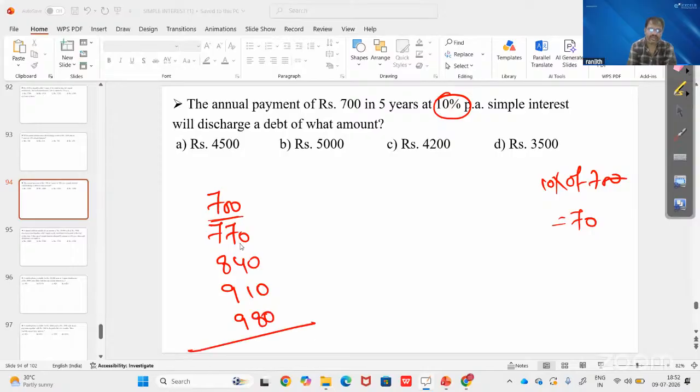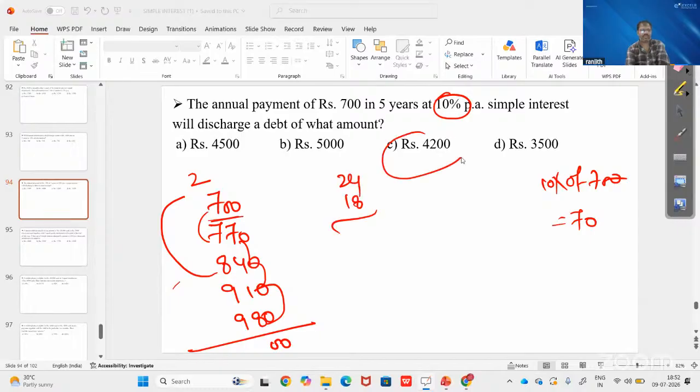If I add all the values, 7 plus 4 equals 11, 11 plus 1 equals 12, 12 plus 8 equals 20. So the answer ends with double zero. All the options end with double zero. So 8 plus 2 equals 10, and 7 plus 1 is 14, 24, 24 plus 18 equals 42. So the final answer is rupees 4,200.